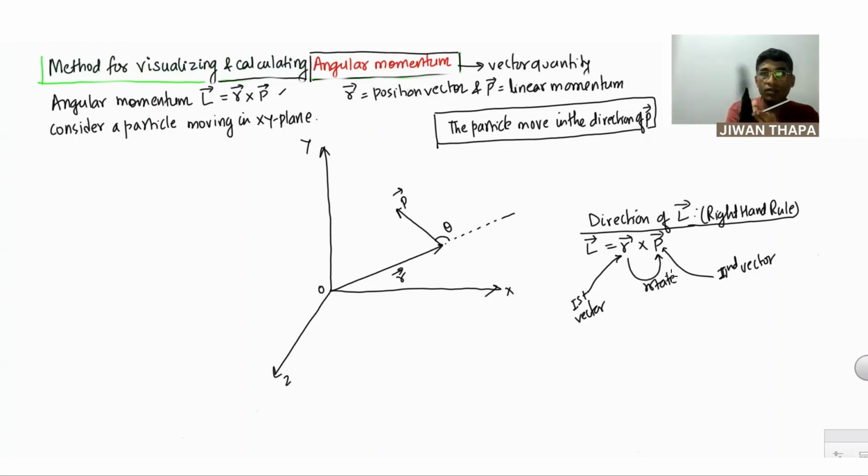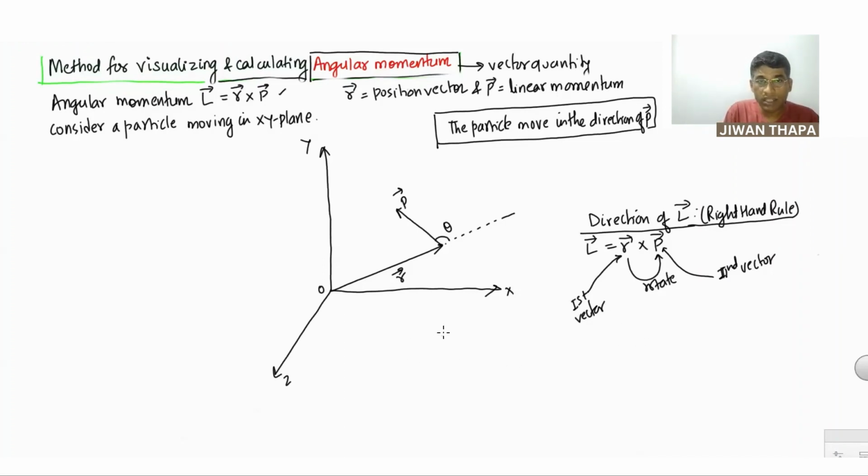So if I rotate the finger of my right hand, which is pointing along the direction of position vector, towards the linear momentum, then the outstretched thumb of my right hand gives the direction of angular momentum.